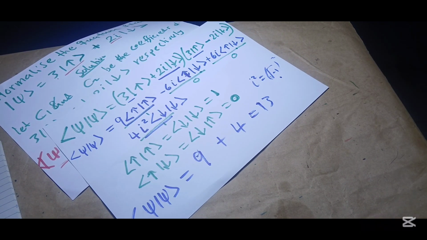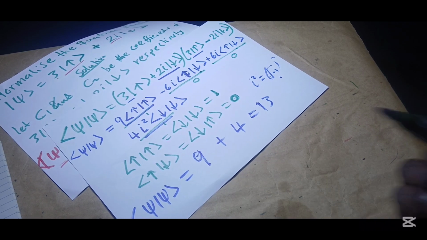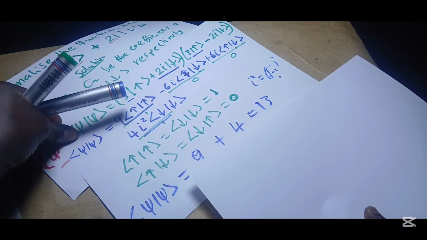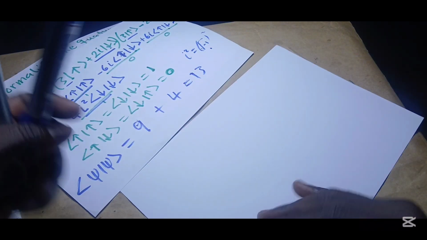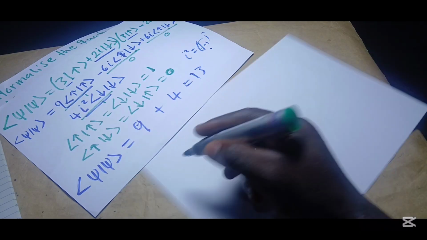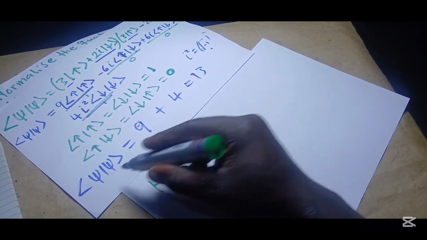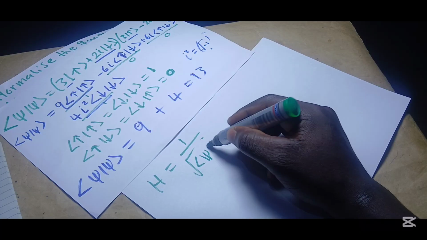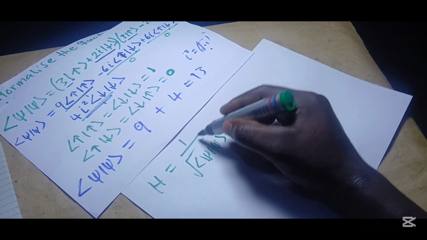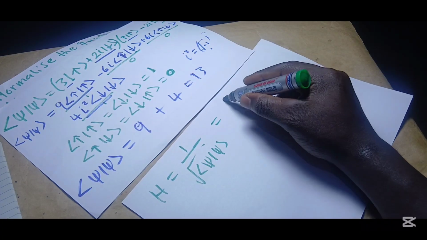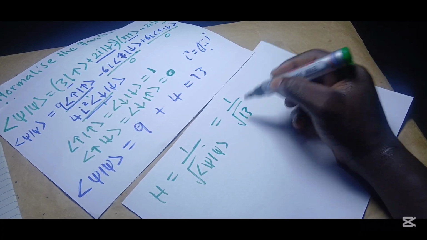13. Then after we are done with this, we calculate our normalization constant. And the normalization constant is just going to be the same formula. So N equals 1 over the square root of bra side multiplied by ket side. So in this case, we had it to be 13, so equal to 1 over the square root of 13.